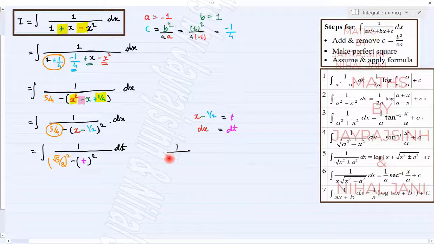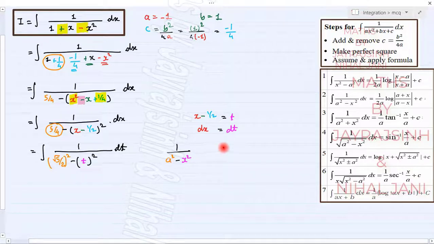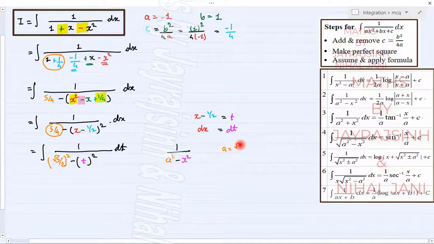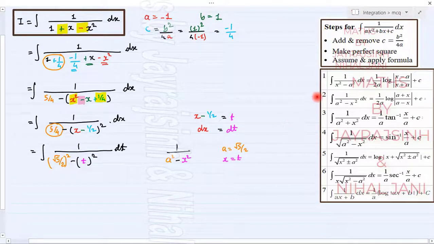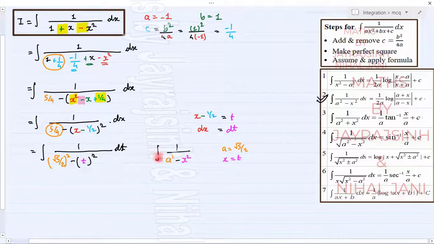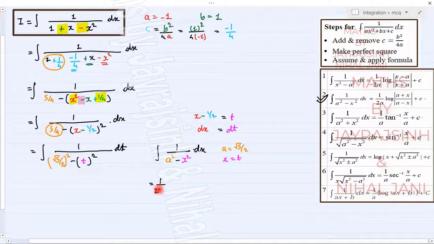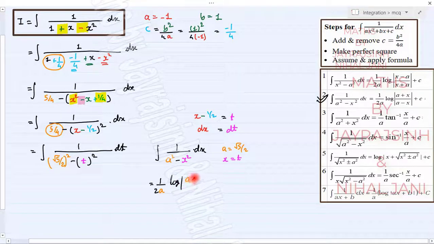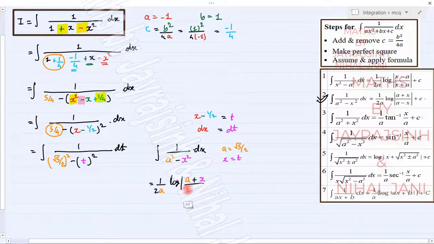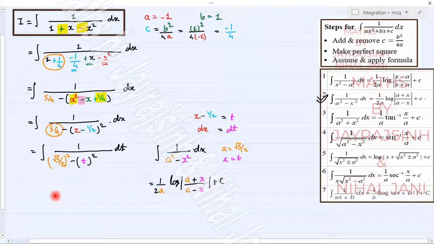So here we get 1 upon a square minus x square form, where your a is root 5 by 2 and x is t. So using the second formula, we can say its integration is simply 1 upon 2 times a log mod a plus x upon a minus x plus c.